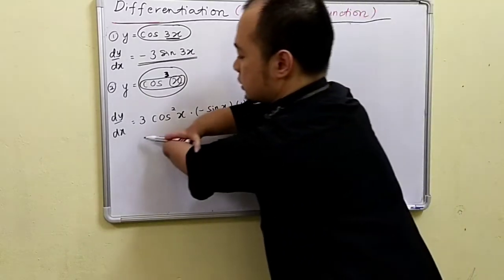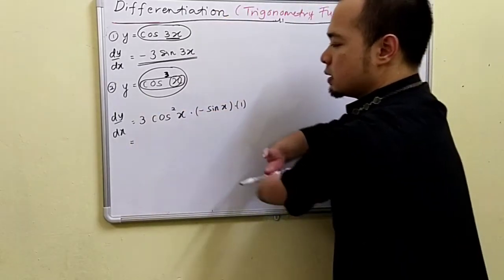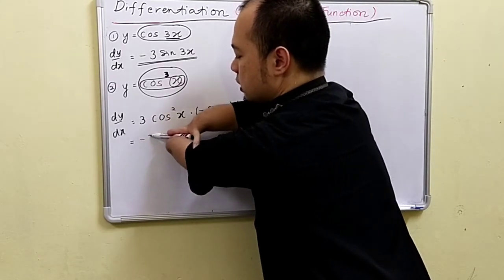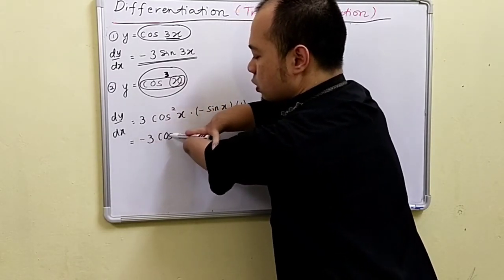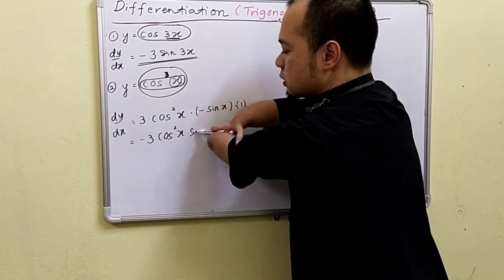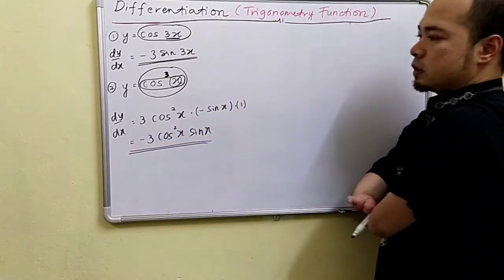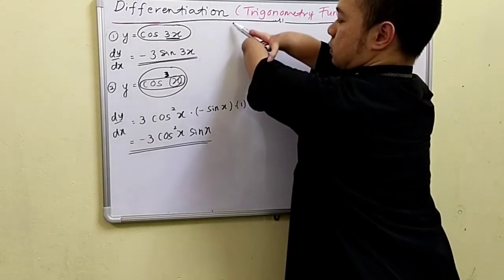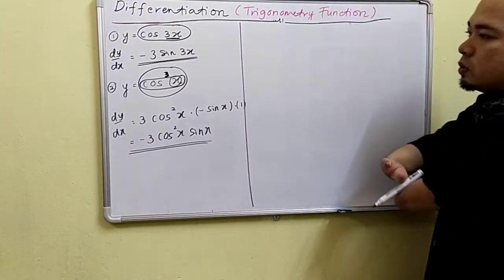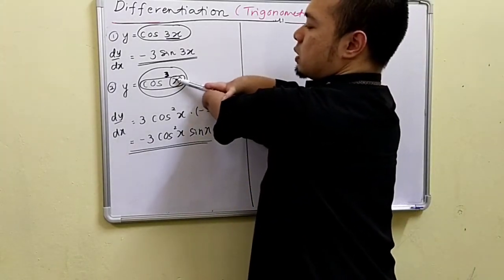So simplify your answer. The final answer will be negative 3 cos square x sine x. So don't get confused when you have the power.